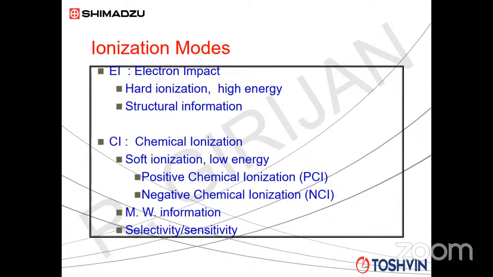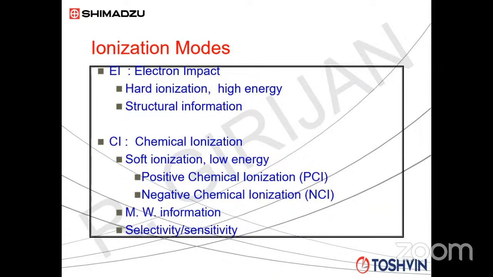Now, positive chemical ionization will give you information about the molecular weight of the compound. That's all the utility of PCI. PCI is used to find out what is the molecular weight of the compound. It is not used for qualitative identification. Very, very widely used in the pharmaceutical industry. They use both EI and CI.